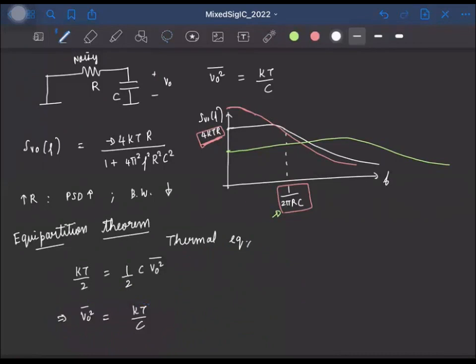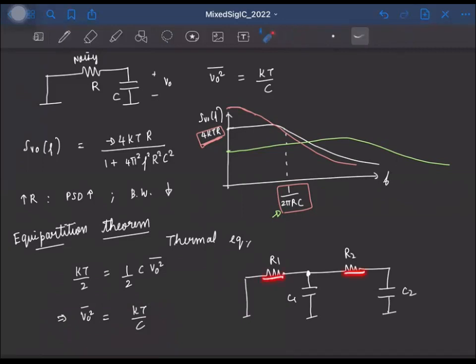So in a similar way, we can also show that even if you have a second order RC filter like this, so let's say it's R1, C1, R2, and C2, and again, all these resistors generate their own noise, right? So the power spectral density of the noise due to this resistor will be 4kTR1, due to this will be 4kTR2.